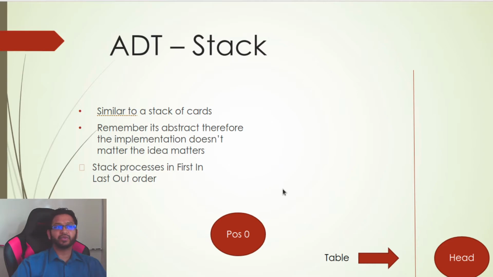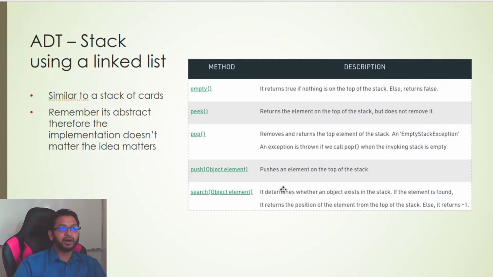Now the next thing we're going to talk about is the methods associated with a stack. Previously, we've been using simple things like add and remove, but there are specific methods for that. The methods associated with a stack are as follows. Empty, which returns true or false depending on if it's empty or not. Peek, which basically says, let's look at the top card, but we're not going to remove it.